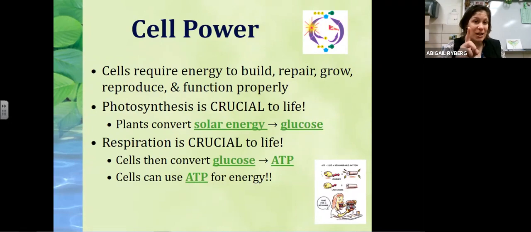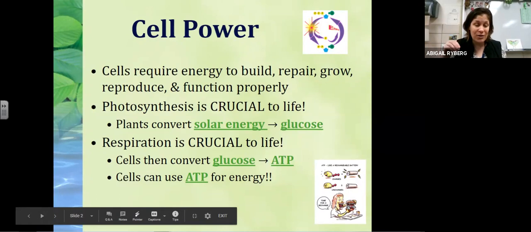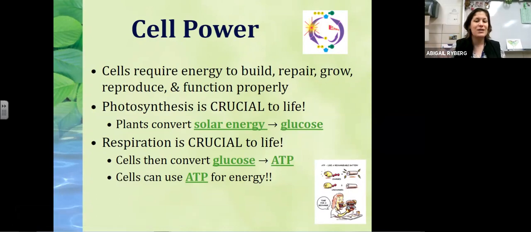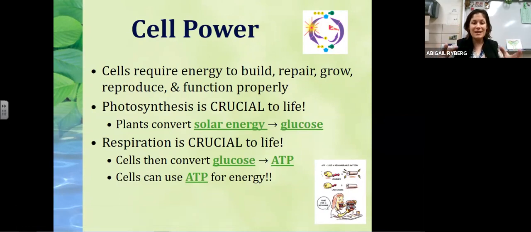Then respiration, which is occurring in our cells, is crucial to life, and our cells are converting that glucose from the plants, you guys, to ATP. And you should be familiar with the term ATP because that is the form of energy that our cells can use.